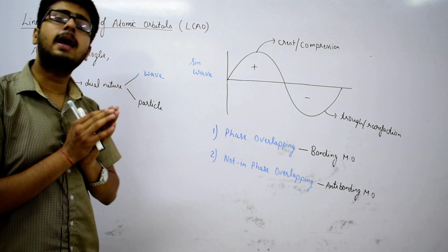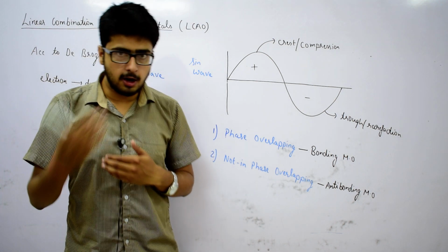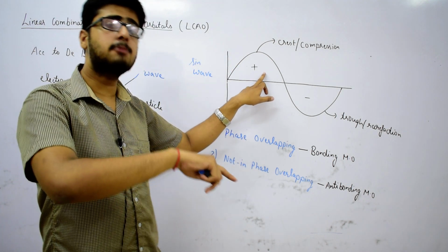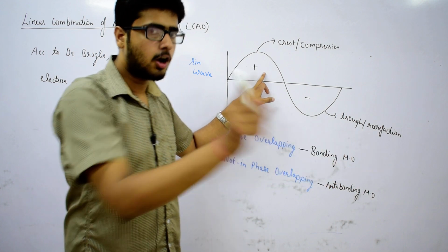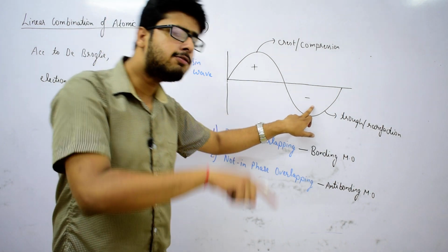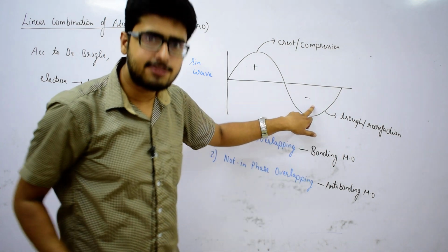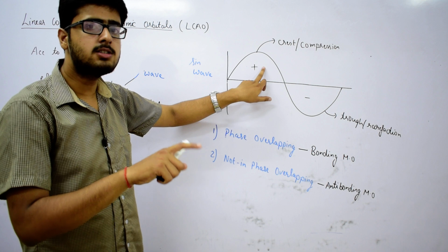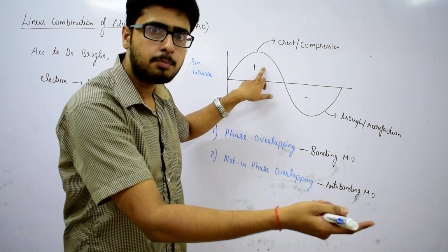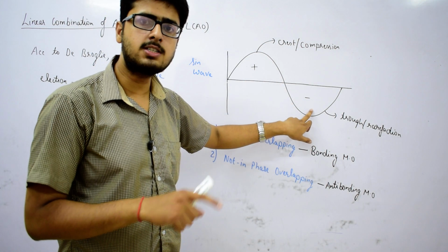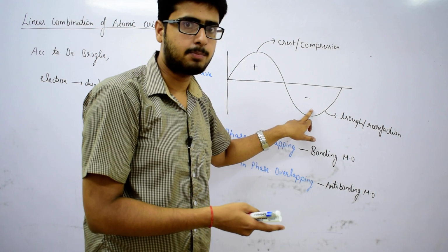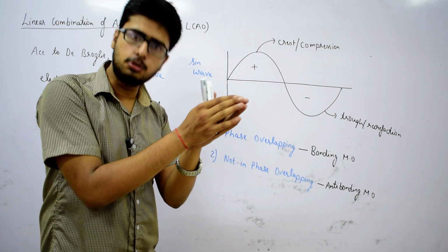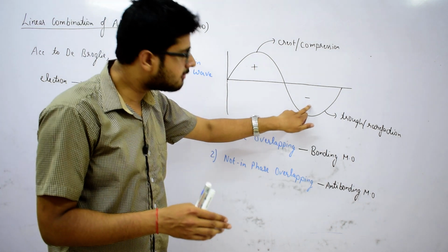So, if overlapping is taking place between atomic orbitals, it is possible that the crest of one overlaps with the crest of the second, or the trough of the first overlaps with the trough of the second, or the crest of the first overlaps with the trough of the second, or the trough of the first overlaps with the crest of the second.